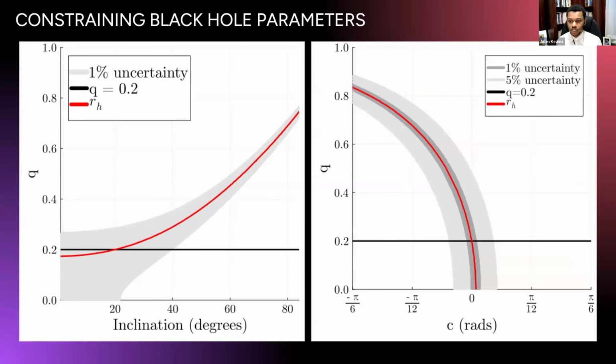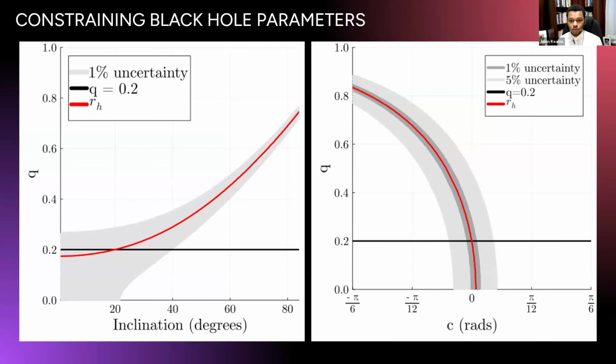And in the case of inclination and emission angle, as I explained before, the photon ring radius is unimpacted by these two parameters. So the line that represents a charge of 0.2 is actually going to represent the isoradial curve of our critical curve radius that we found.